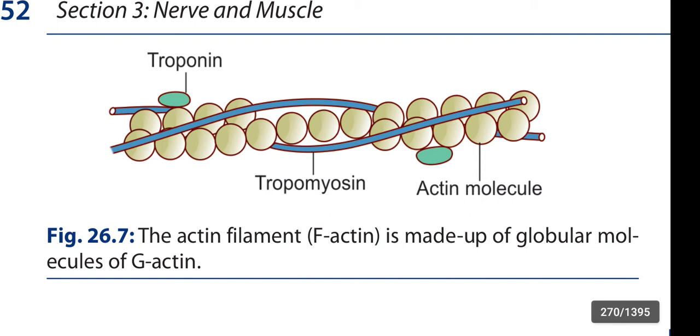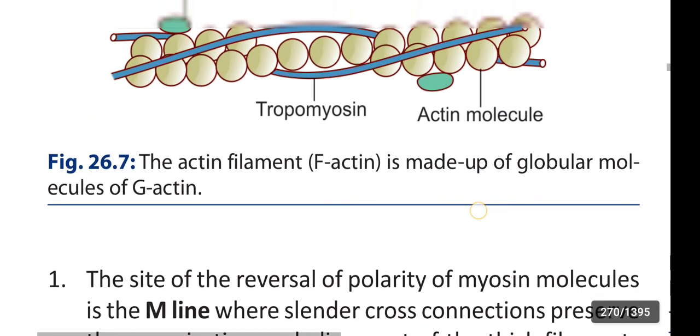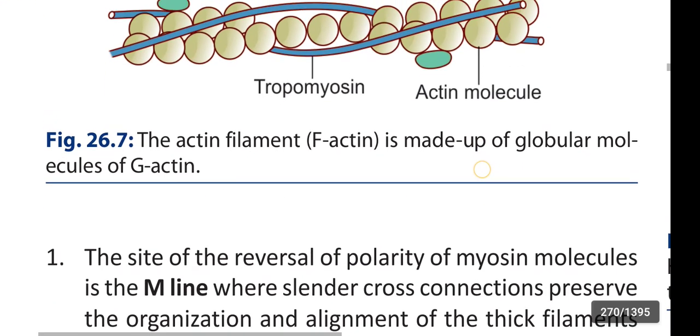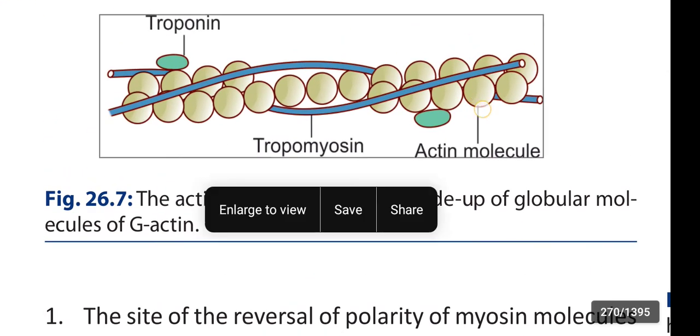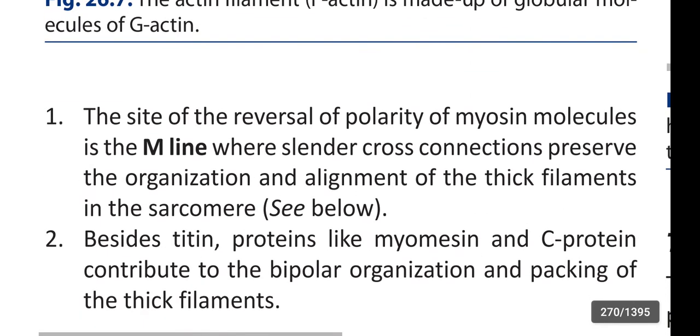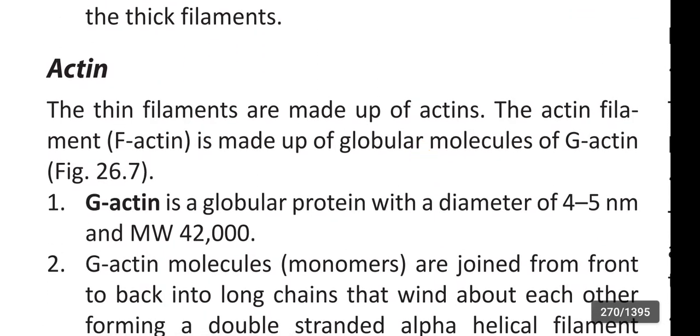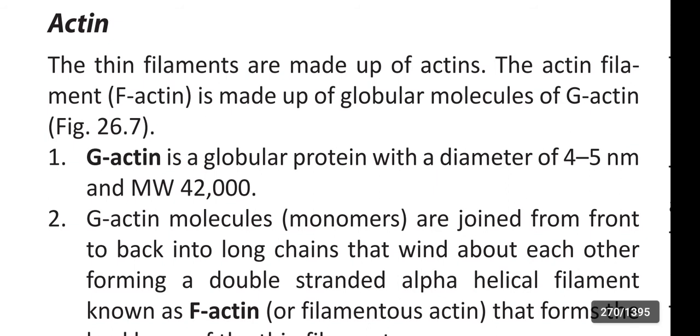If you observe here, these are the G-actin molecules. The actin filament, F-actin, is made up of globular molecules of G-actin. This is the actin molecule. G-actin is a globular protein with a diameter of 4 to 5 nanometers and molecular weight 42,000.